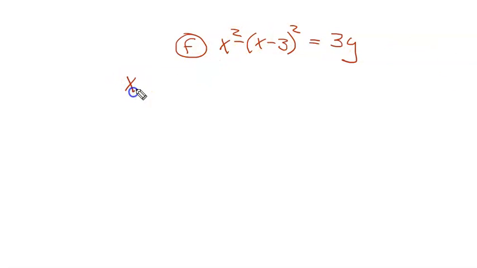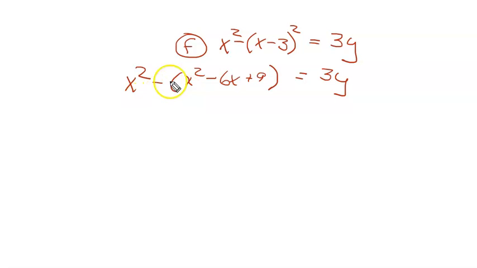So we have x squared minus, now we have to expand this binomial by using that special technique. Square that first term. Multiply these two together, get negative 3x, double it, negative 6x. Square negative 3 gives you a positive 9, and that equals 3y.